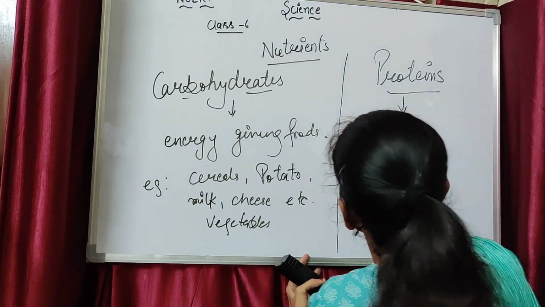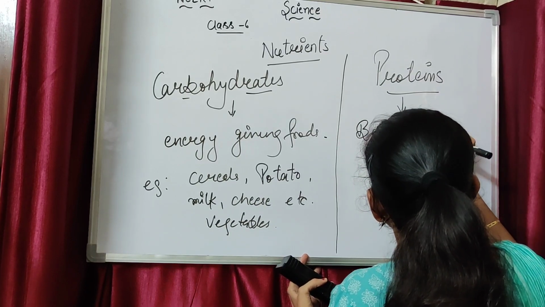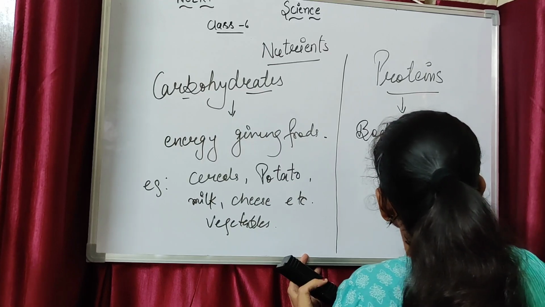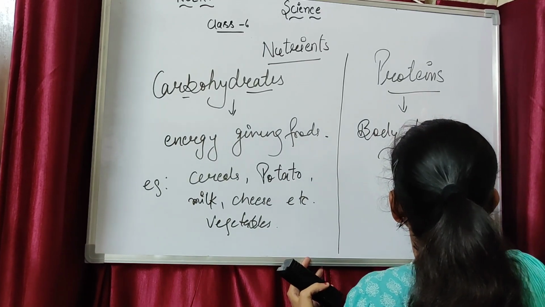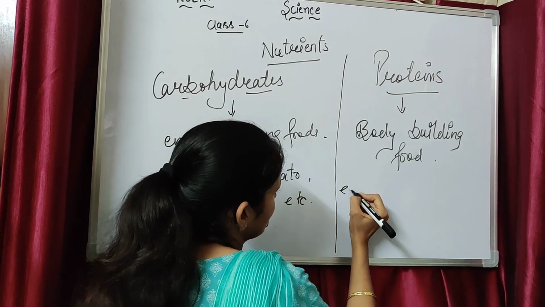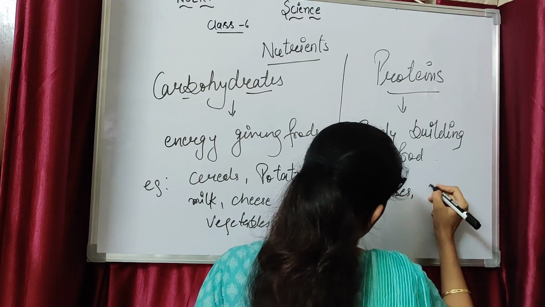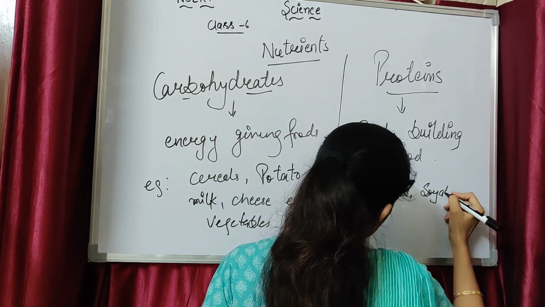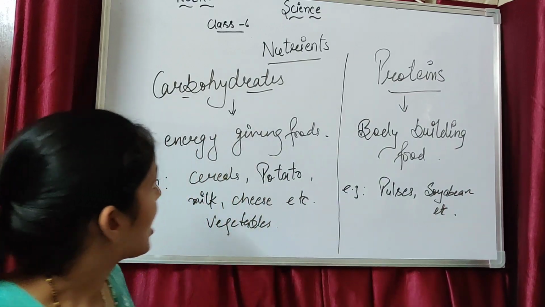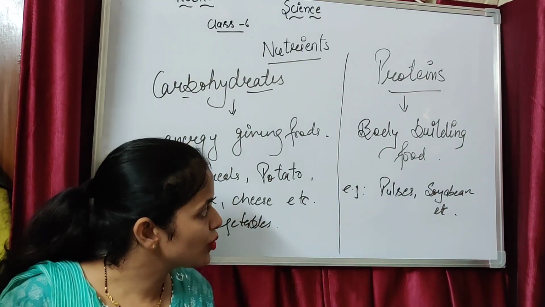Proteins are known as body building food. Example, main example, pulses, soyabean, etc. Carbohydrates are energy giving foods and proteins are body building foods.